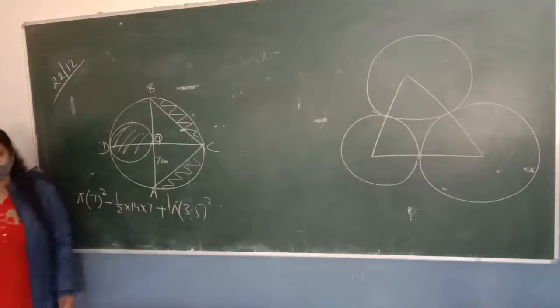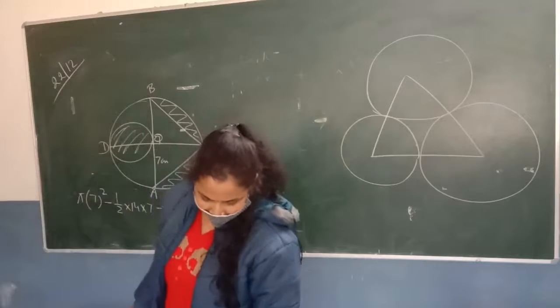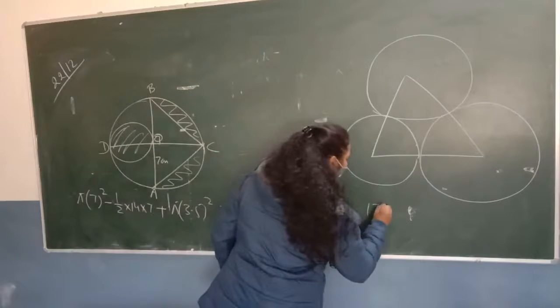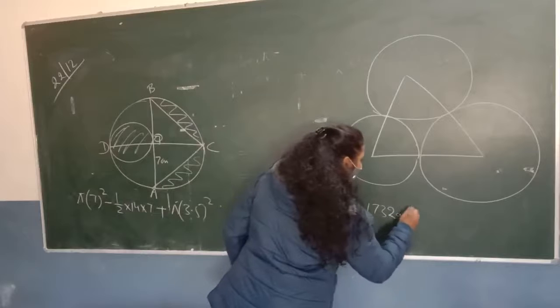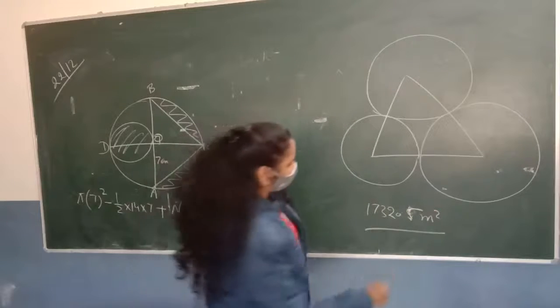Now this is a figure for another question, question number 10. The area of the equilateral triangle is 17320.5 centimeter square.